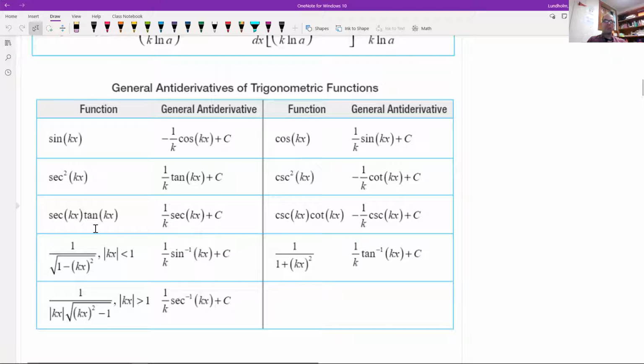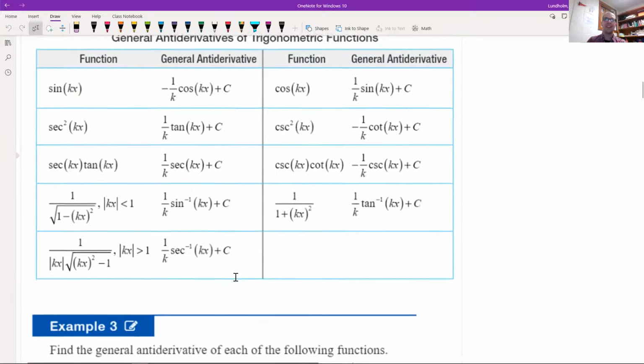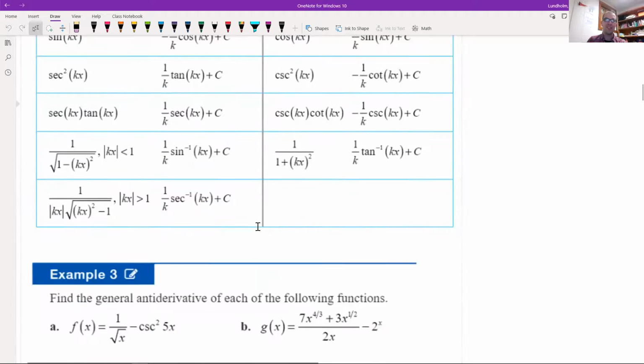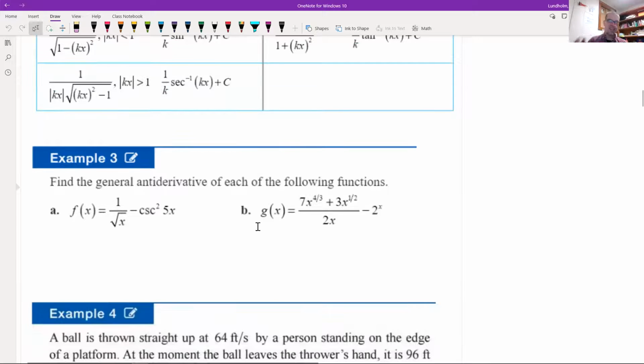We're going to be doing more of these kind of integrals with the inverse functions in calculus 2. Well, you guys will be doing that in calculus 2. And so, those are just the inverses of the derivative rules. Let's take a look at example number 3 and try to practice this.